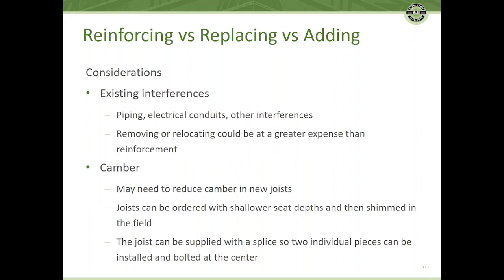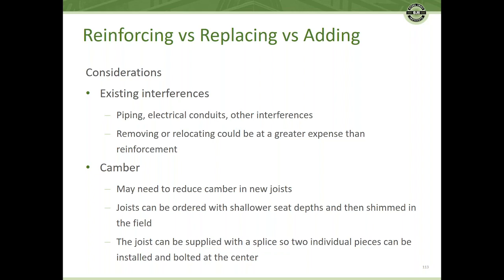So a couple of these things, when we're talking about reinforcing versus replacing, that's reinforcing the joist or replacing the joist or adding a new joist. And so existing interferences we have to be careful of: piping, electrical conduits, removing or relocating. These interferences could be a greater expense than the reinforcement itself, so we need to watch that.